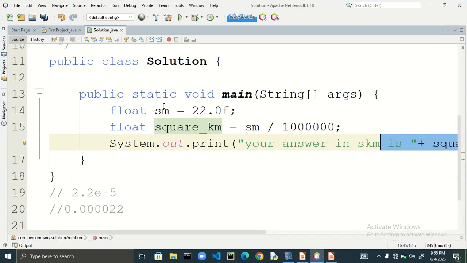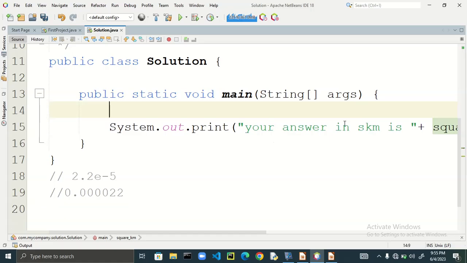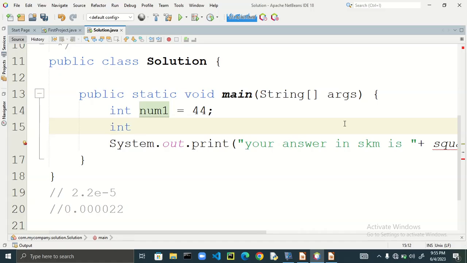Now to find the average, you're going to find the sum of those two numbers, divide by the number of entries. So let's say int num1, that is the first number, is equal to 44. I'm using integer now. int num2 is equal to 51.